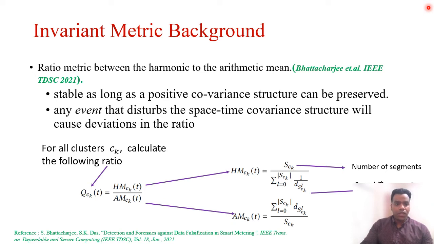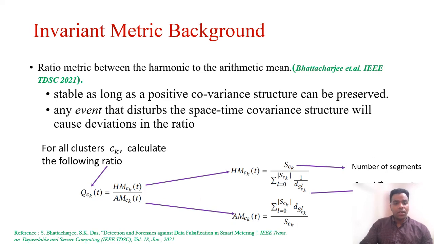However, for this work, we cannot adopt this invariant in a straightforward manner, because the smart transportation problem is a separate problem with high unpredictability and uncertainty. So we have to modify the existing calculation so that it stays stable for smart transportation incident detection. That can be done if we make sure our positive covariance structure is preserved under benign conditions.